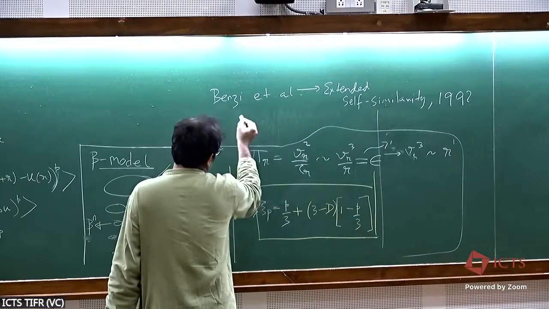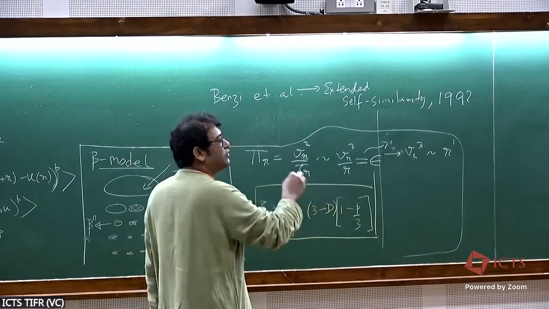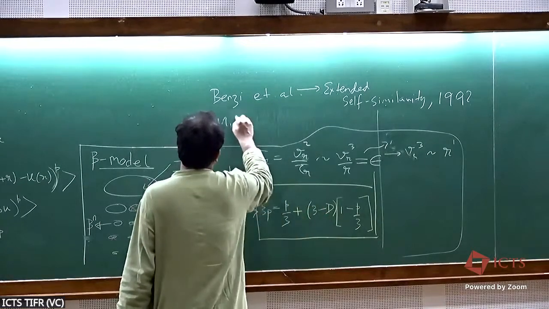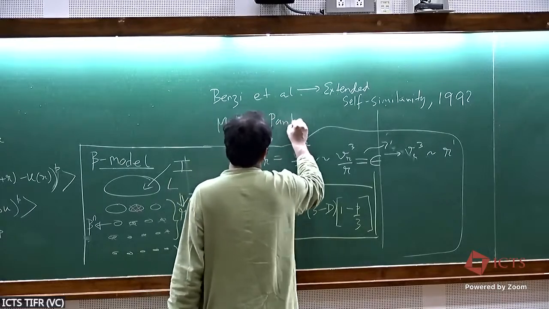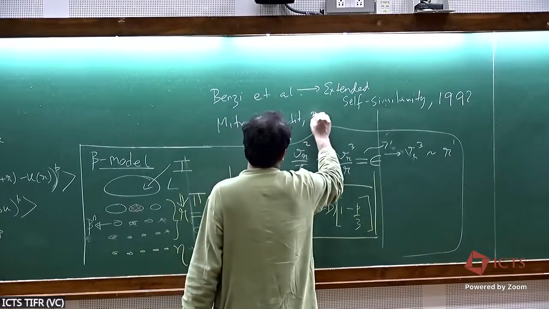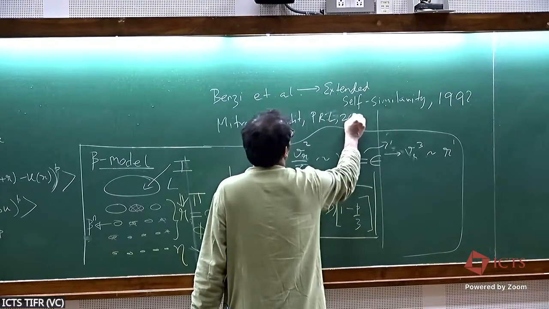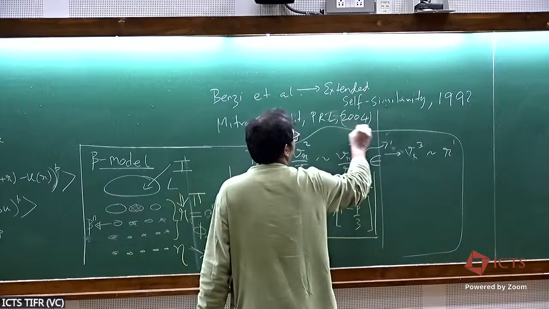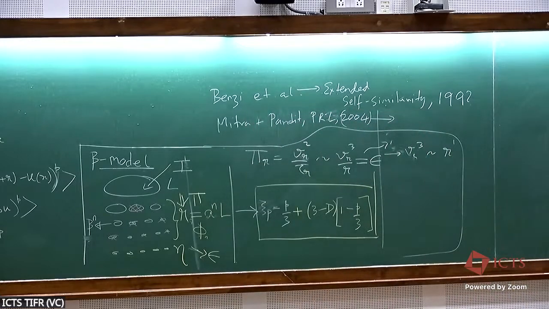And from an analogous toy model, which we may or may not do in this lecture, there is another paper which lists it very well, by Mitra and Pandit, PRL 2004, which also lists the values of these exponents from p equal to 1 to 6.